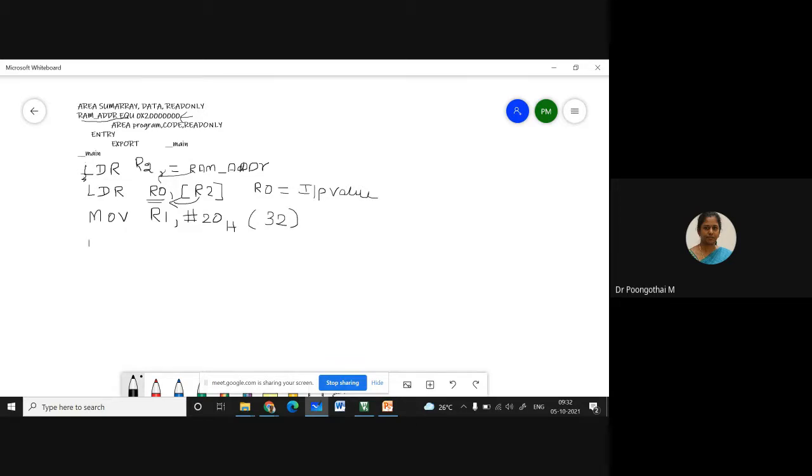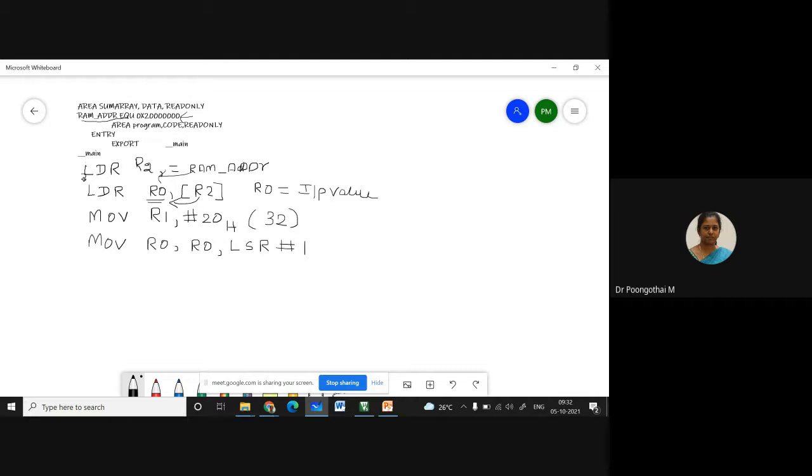So the instruction is move, your input register, and I am going to use the shift with #1. I'm going to rotate the input, that is shift the input towards the left direction. How many times? 1 time.